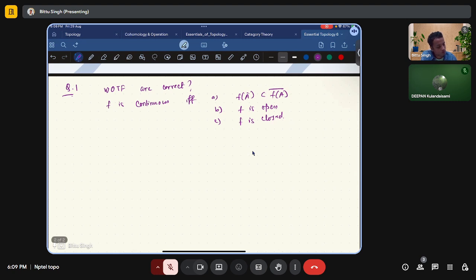Option D is different. This is for problem 1. Option D says, it is the second part. It says, given a bijection plus continuous, that is equivalent to homeomorphism. If it's continuous, it is already given.